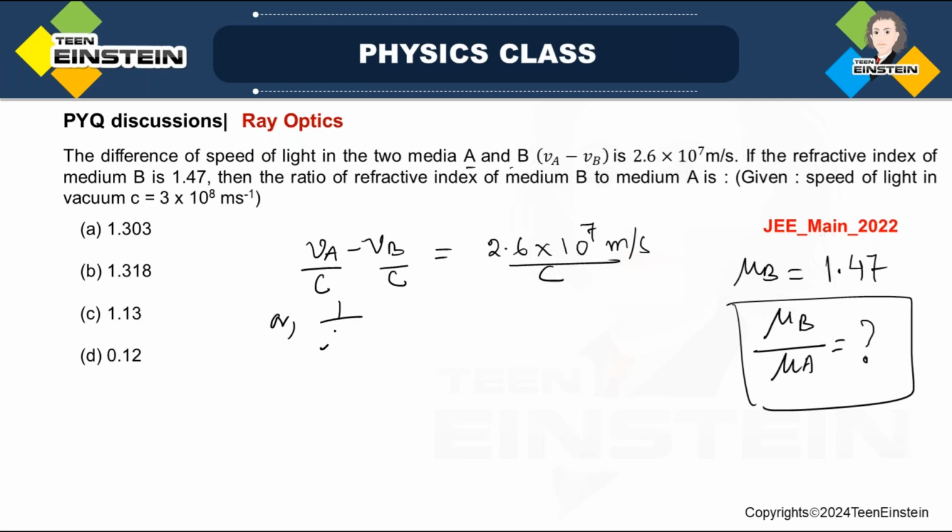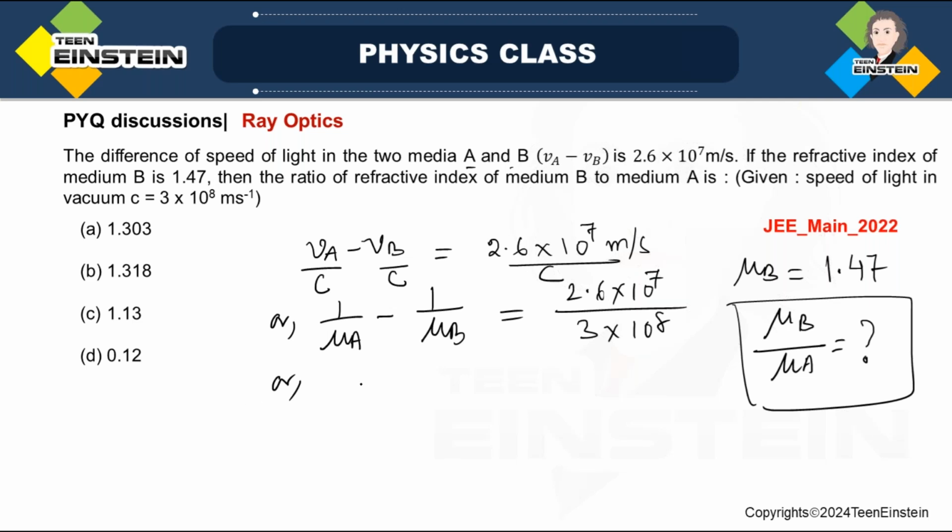I get 1 over mu A minus 1 over mu B, and that is 2.6 into 10 to the power 7 divided by 3 into 10 to the power 8.